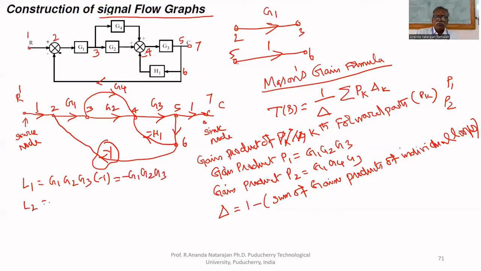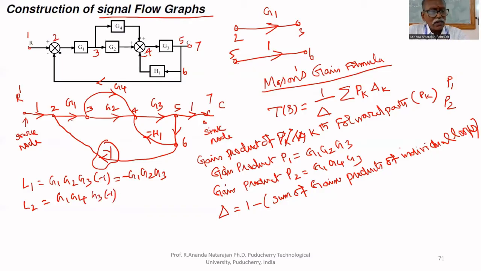L2, the second loop, another individual loop, is G1, G4, G3 and minus 1.